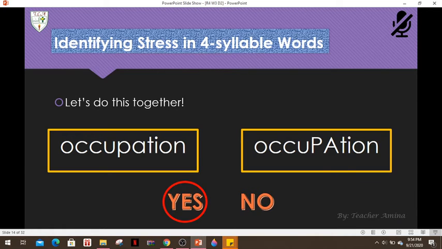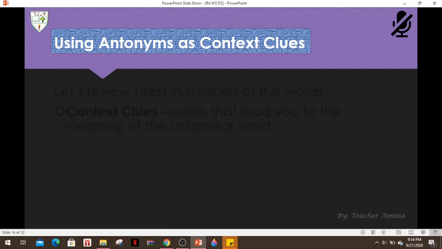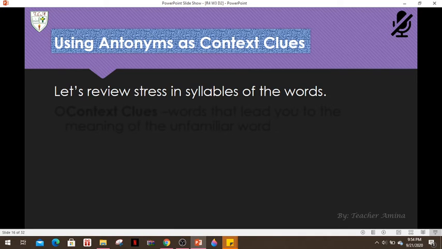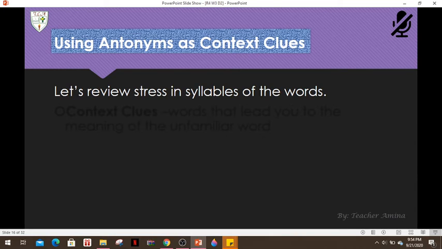Now, our next lesson is about using antonyms as context clues, which can be found on page 57 of your book. So let's review the context clues. We discussed it before.